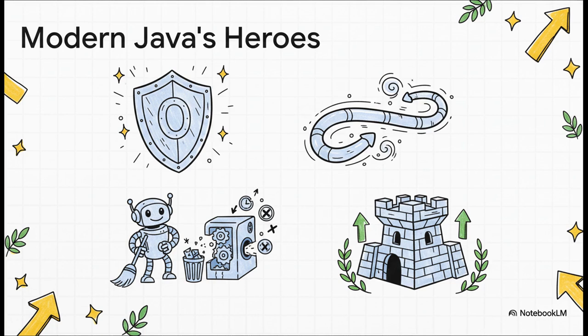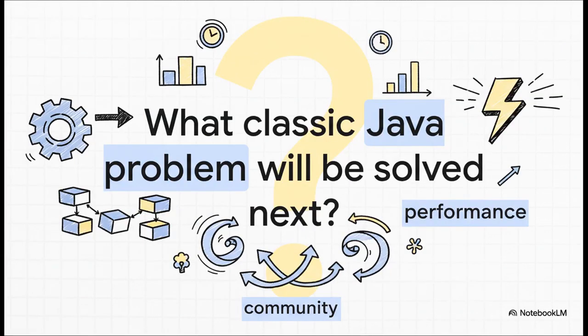We have the Streams API, which turns messy loops into clean declarative pipelines. We have modern GCs like G1 and ZGC that kill those disruptive application freezes. And we have the modular platform itself, giving us a foundation that's more secure and flexible than ever. From verbosity to performance issues, Java has been systematically tracking down and solving its legacy problems.